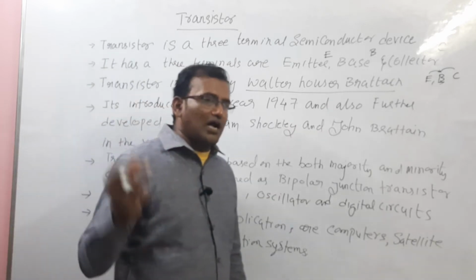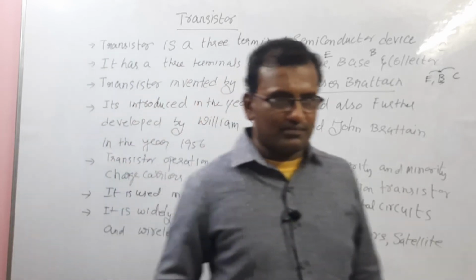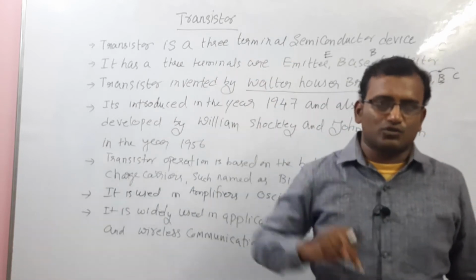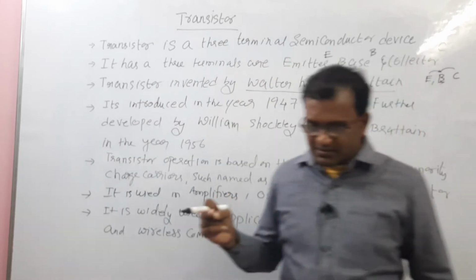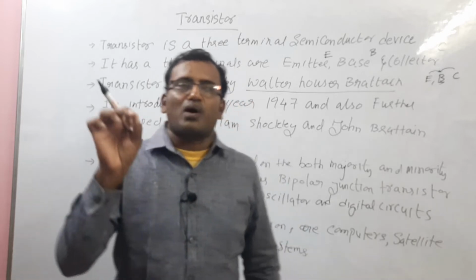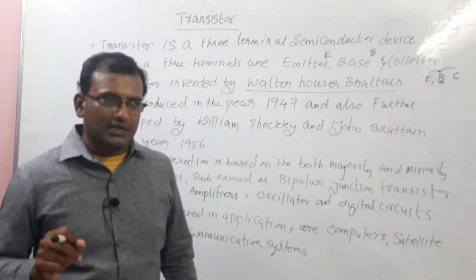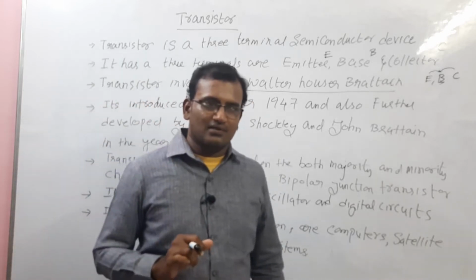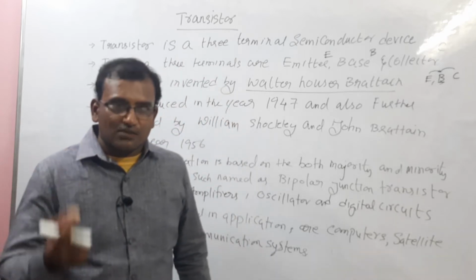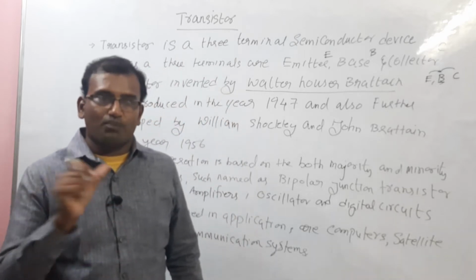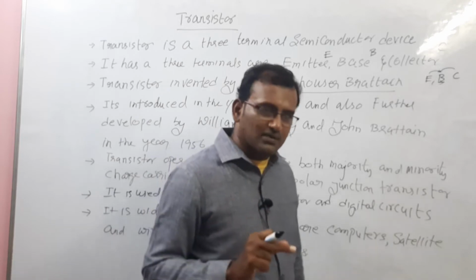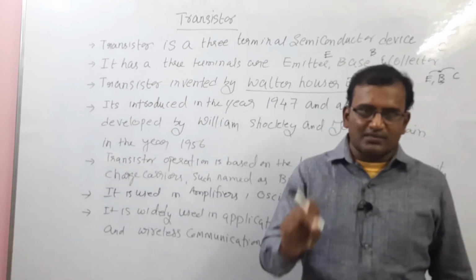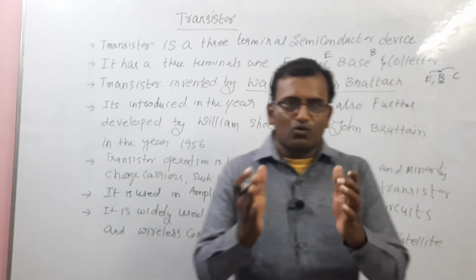Now, what are the advantages of the transistor compared to the vacuum tube? It has a smaller size. That's very important. And next, it consumes less power, that is low power. So the first one is smaller size, and the next one is low power.